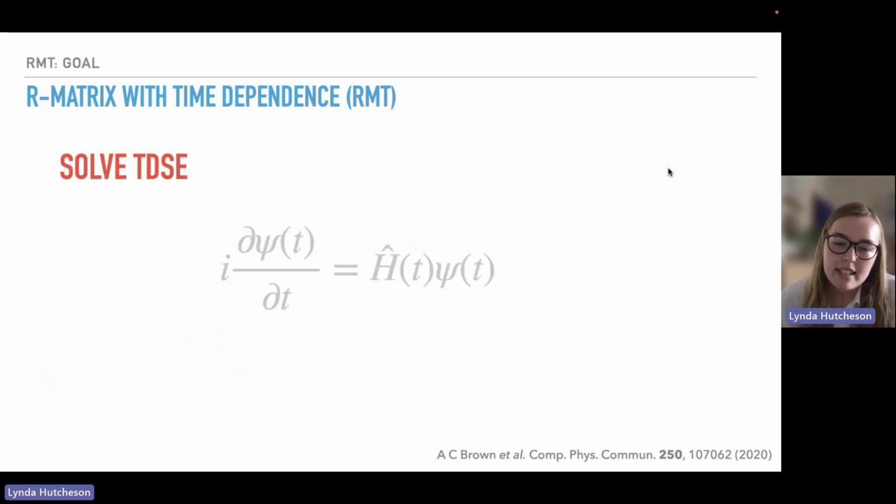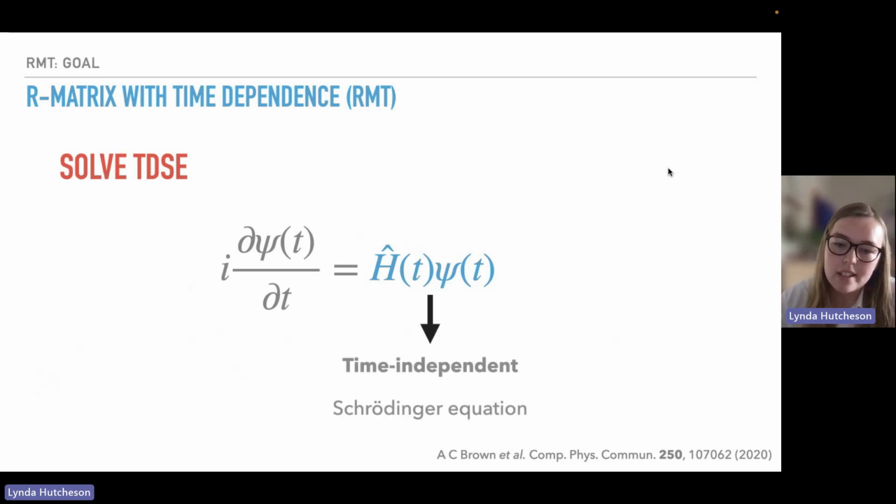The way we do that is, if we consider the time-dependent Schrödinger equation as a partial differential equation, then what we need to solve it is the initial wave function psi and the initial Hamiltonian. To do this, we borrow techniques, or rather codes, from traditional atomic, molecular, and optical physics, which solve the time-independent Schrödinger equation. So we get a really good detailed description of our wave function and our Hamiltonian.